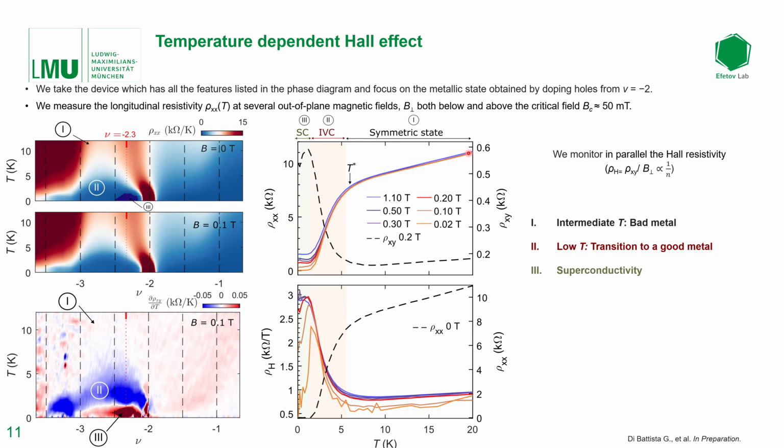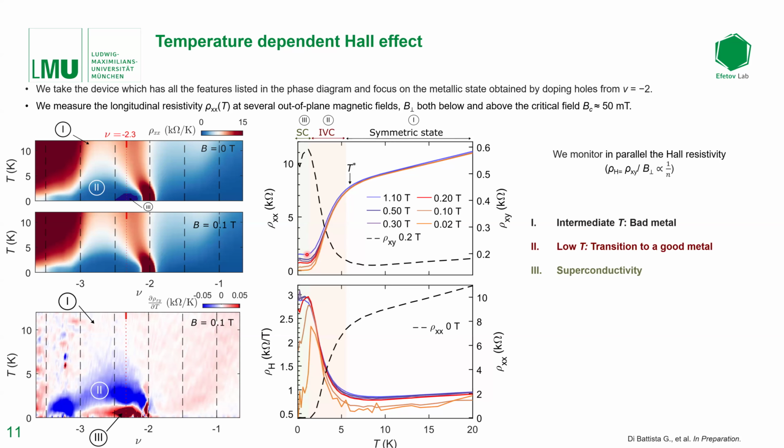At high temperatures, we're in the symmetric state, which is identified by this linear T resistivity. Then at around 6 or 7 Kelvin, we have a broad transition to a much less resistive state where the resistance drops from something like 10 kilo ohms to just a few hundred ohms. And then eventually the system drops to superconductivity, where it is at zero resistivity.